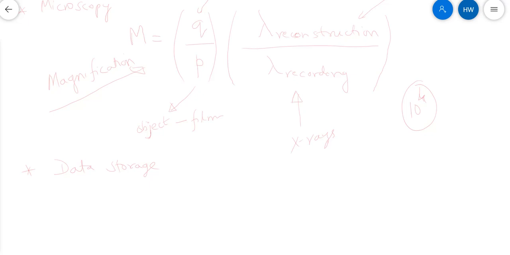So small rotations, for example, would be equivalent to turning pages of a book, where every page is recorded at a particular orientation. The reliability of the data recorded is extremely high, because the data is not localized and stored at a particular location. It is recorded throughout the volume of the hologram.